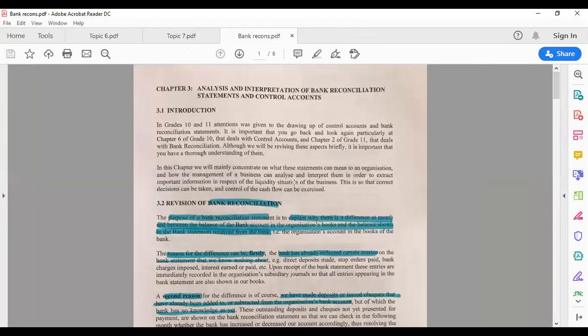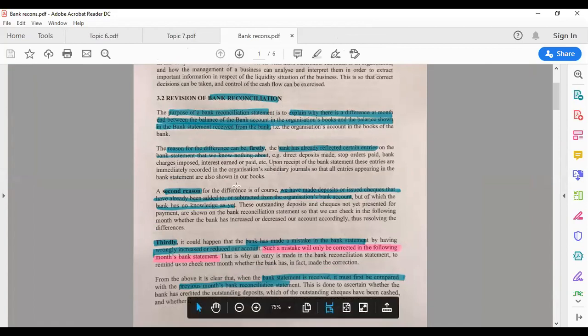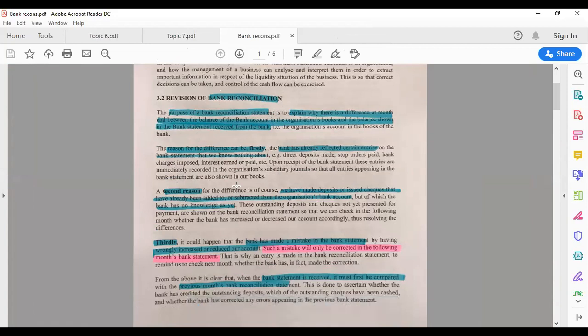I'm just quickly going to recap what we did yesterday for the newcomers. Yesterday, we looked at the bank recon and we looked at the 3 reasons why there's a difference. Maybe I made the adjustment in my business books, but the bank doesn't know of it yet.